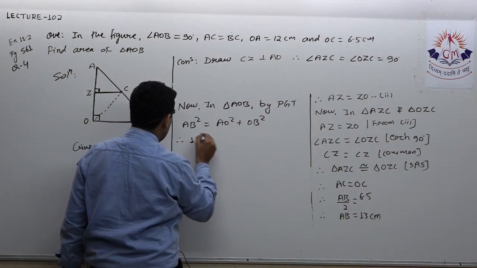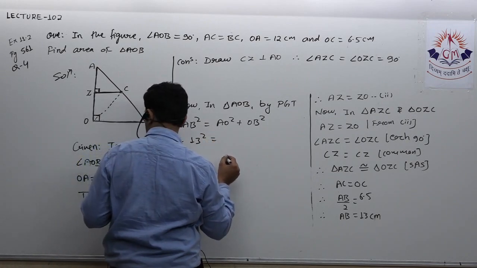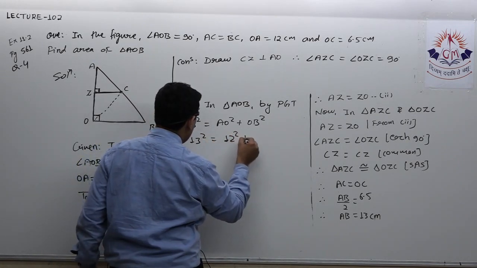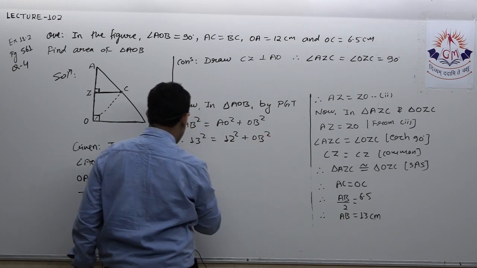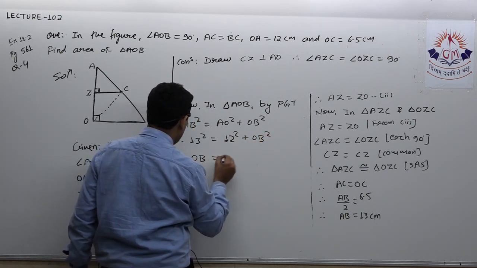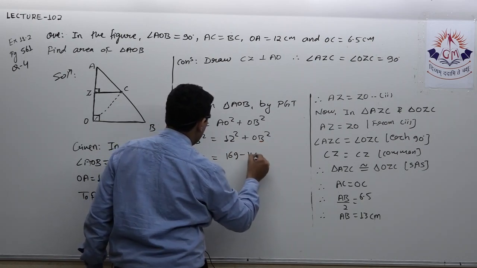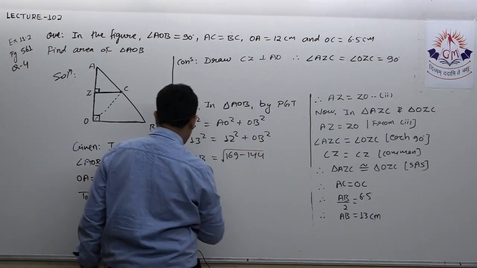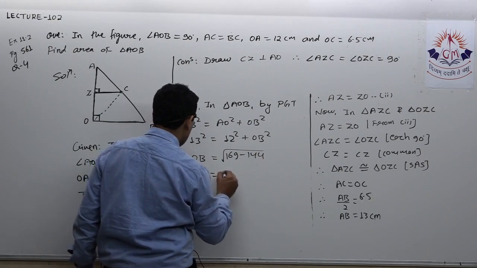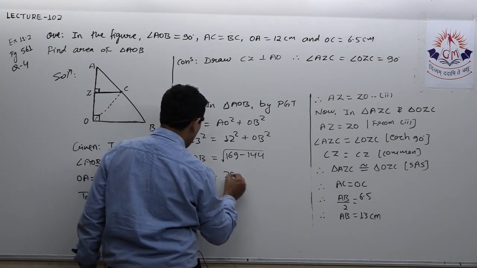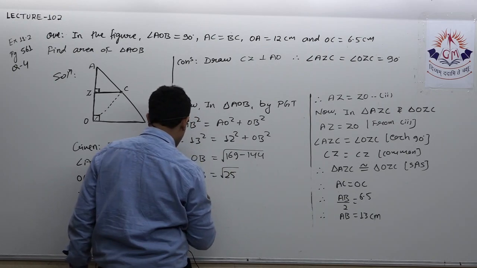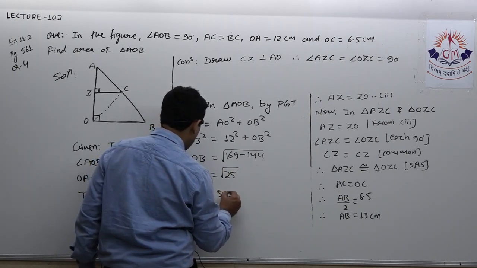That is 13 square equals 12 square plus OB square. Therefore, OB is equal to root of 169 minus 144. Therefore, OB is equal to root 25, and hence OB is equal to 5 centimeter.